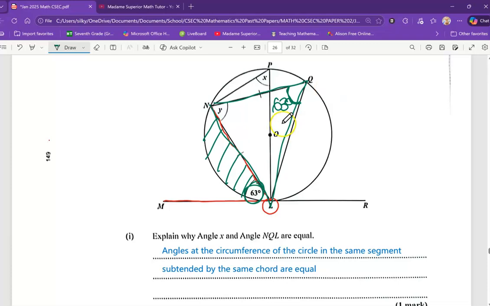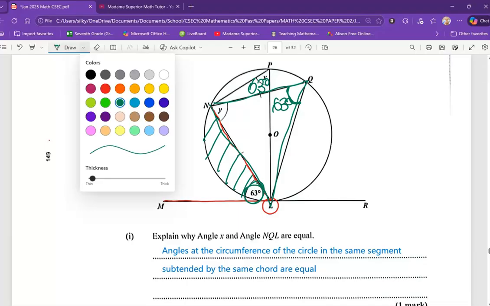Now in part 1, we already explained that these two angles at the circumference in the same major segment, subtended by the same chord, are equal. So if this is 63, angle X is also 63 degrees.